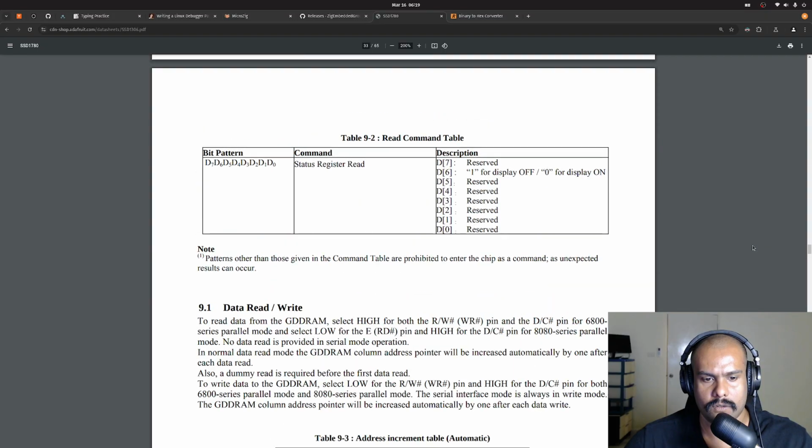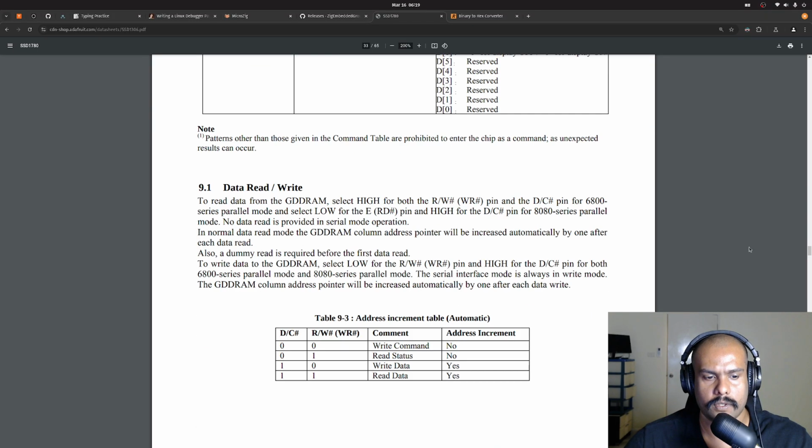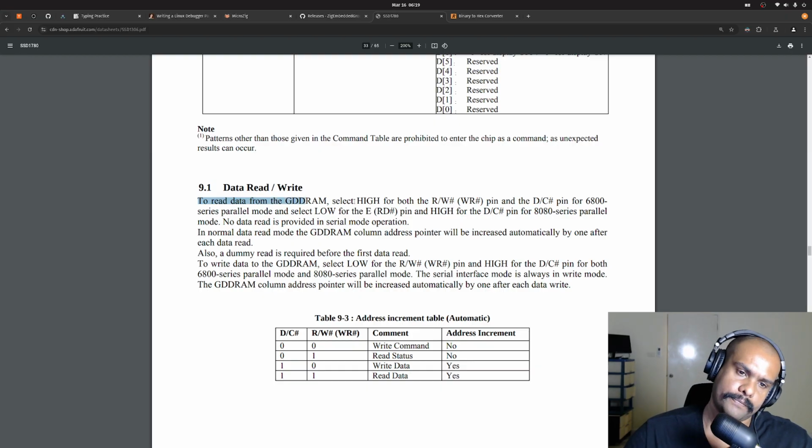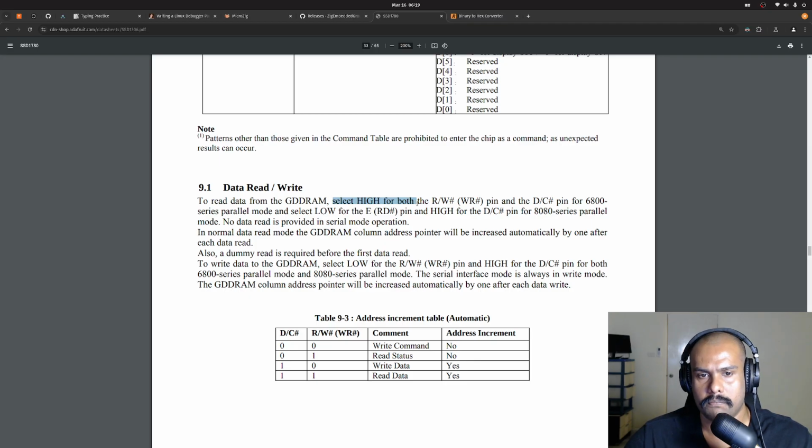Let's go. Okay. Data read/write. To read data from the GDDRAM, graphic display something. Select high for both read.